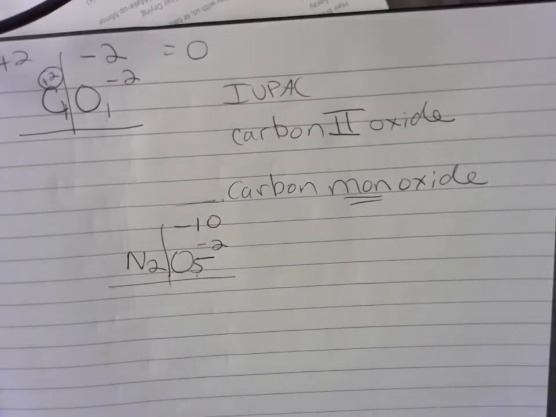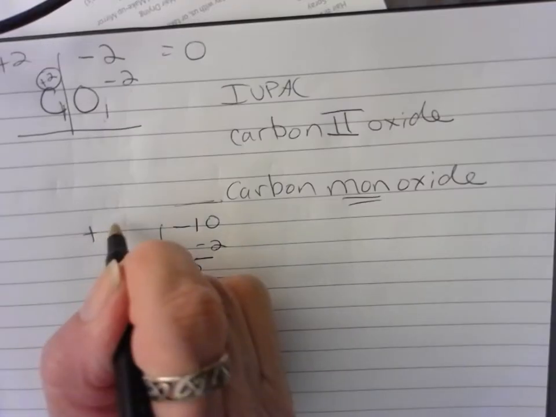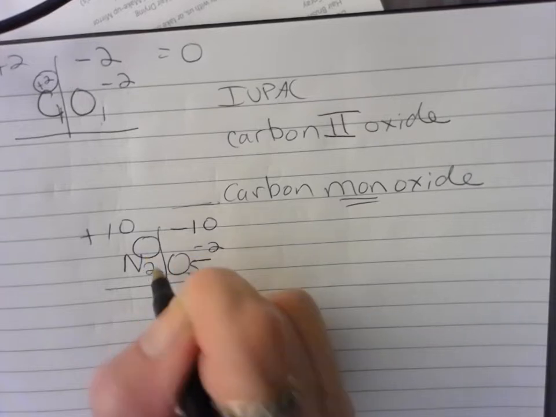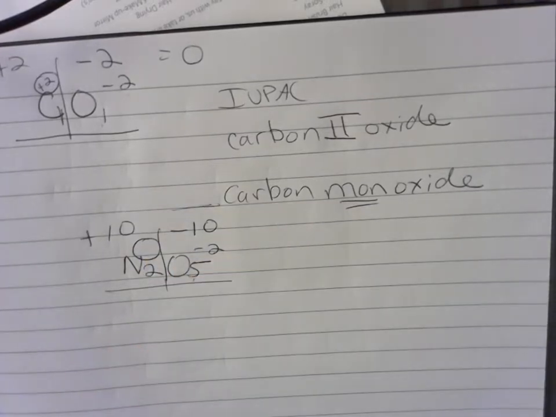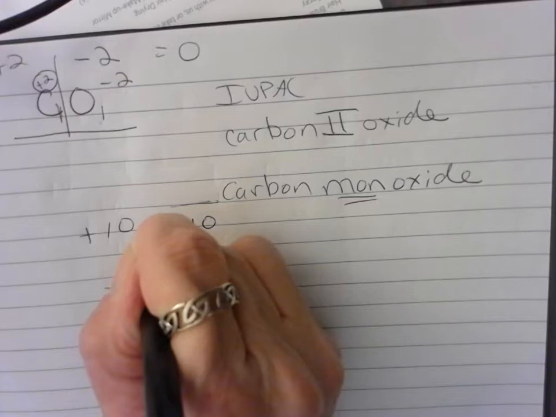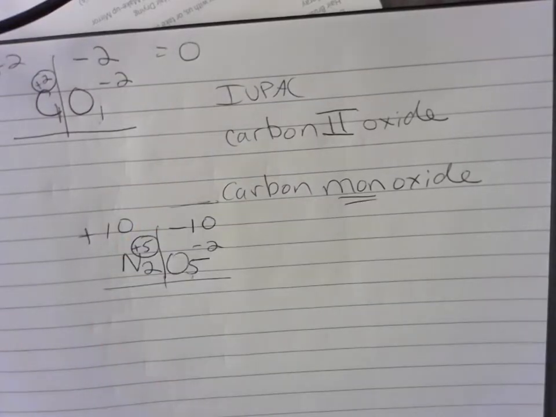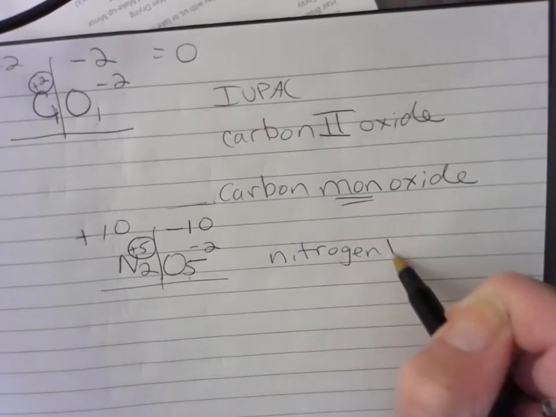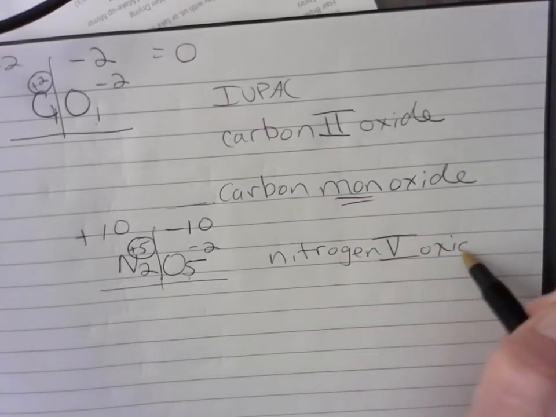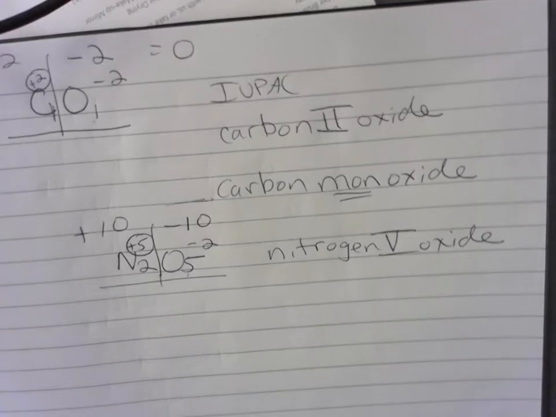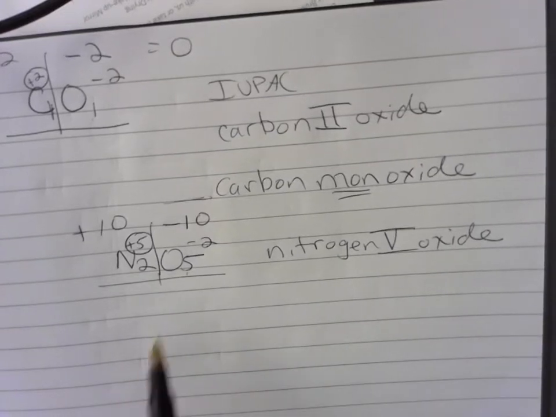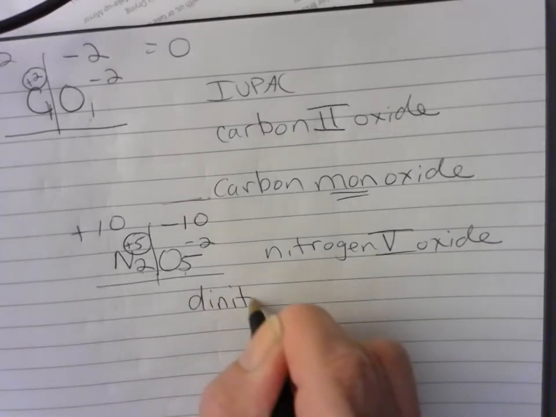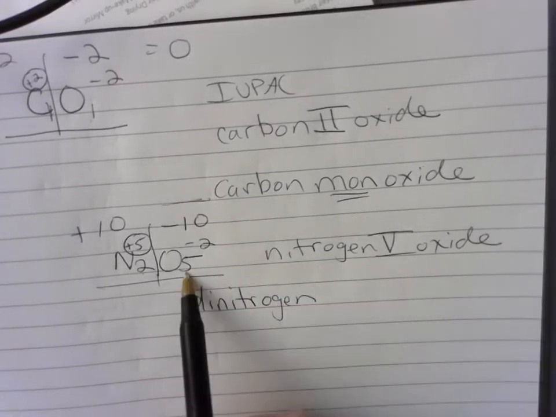So your cation charge would have to be an overall +10. 2 times what will give you a +10? Plus 5. 2 times plus 5. So this is nitrogen 5 oxide. And then the traditional name is going to be dinitrogen pentoxide.